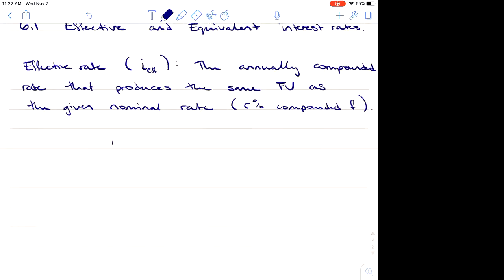So what we use, if you have a look at your formula sheet, the effective interest rate is going to be (1 + i)^F − 1. You might have guessed that the other effective rate is the special case because it has the e in there.